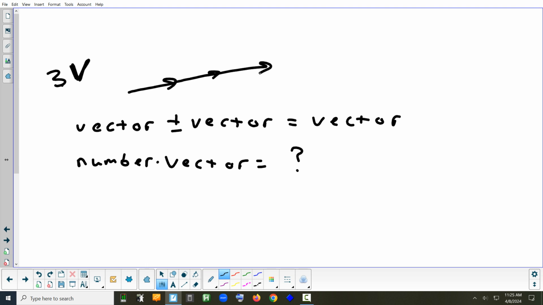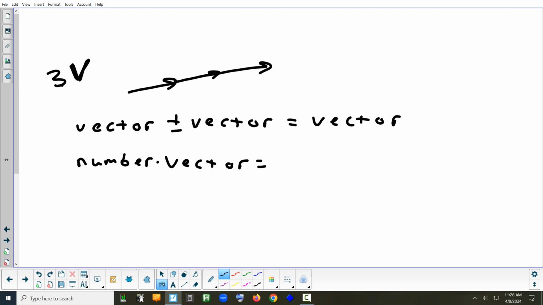So what kind of answer do you think I get when I take a vector and multiply it by a number? If the number was x, it'd be xv, like 3v. So it'd just be a number and a vector together. What kind of answer do you think that would be?